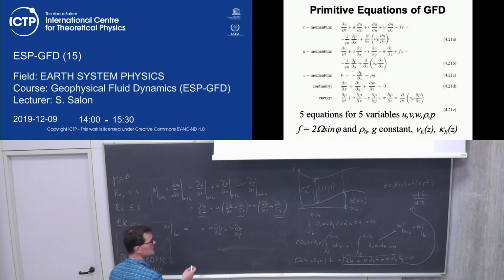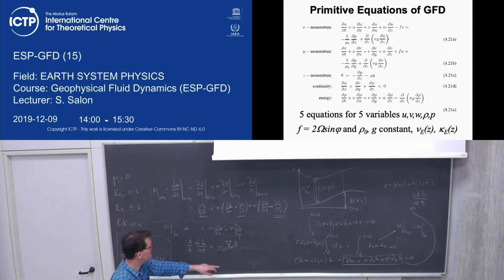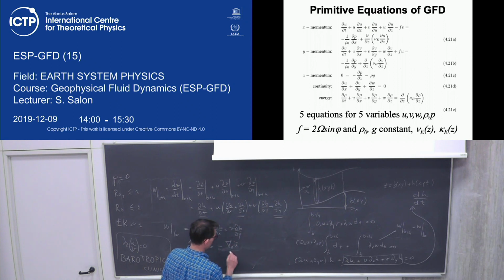So it means that our continuity equation transforms into something which is 1 over h dh/dt equal to minus, we can say this, with this h here, I consider only the horizontal divergence, which is this one.